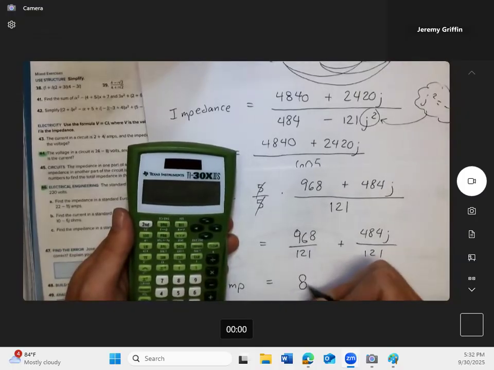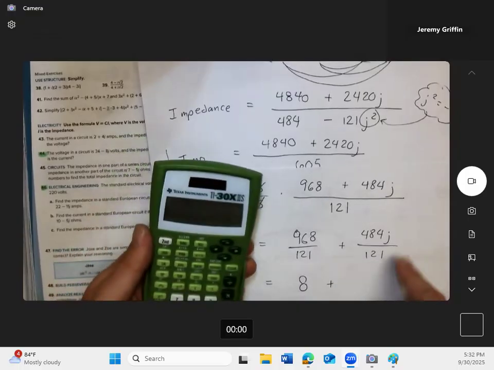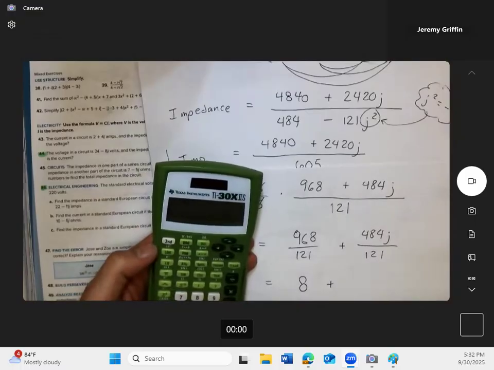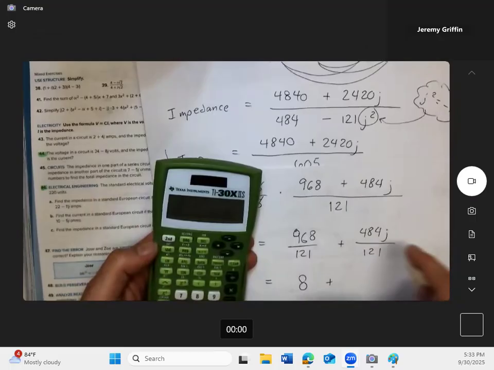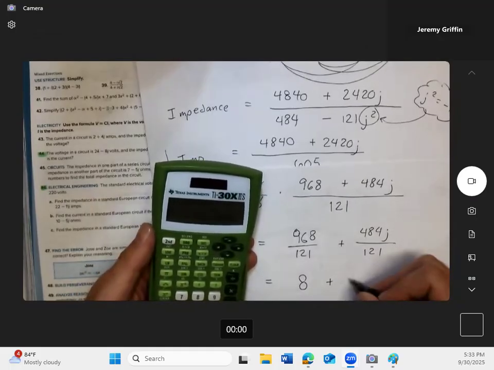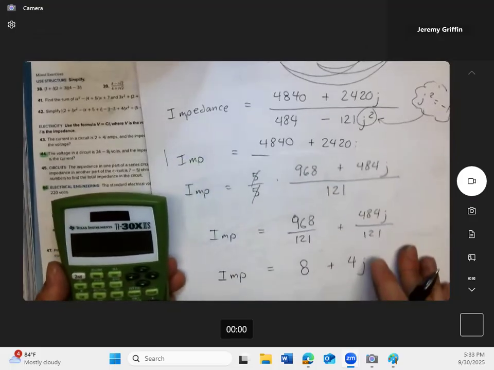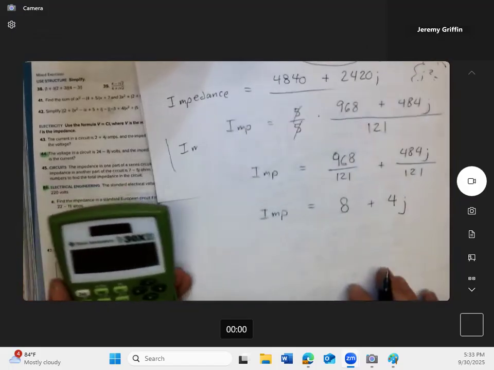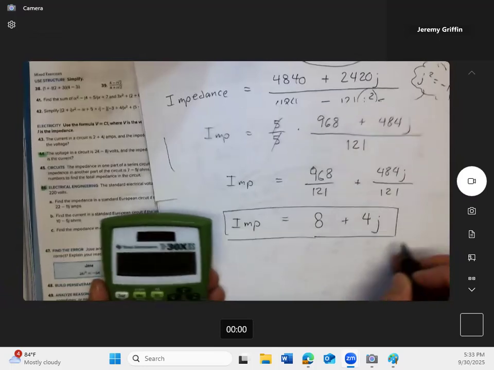Now I don't think the second does, because 484 is like 22. Wait a minute, it sure does. It's 4. And then I keep the j, which is the square root of negative 1. That reduced a lot more than I thought it was going to. So there's your impedance, and this would be in ohms.